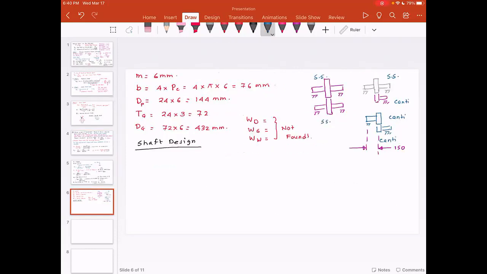However, in general, when you are trying to design, you need to find out WW, you need to find out WS and you need to find out WD. But in this problem, since the problem says that just design the gears based on the beam strength, we are not finding out WD, WS, and WW. But in all other cases, you have to find out these values and you have to show that WS is greater than equal to WD, WW is greater than equal to WD. This is required.